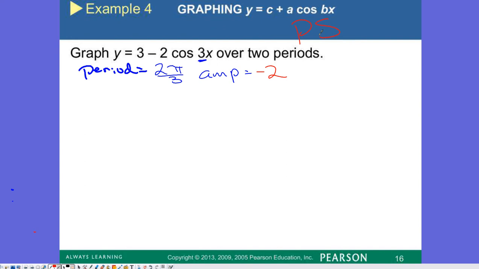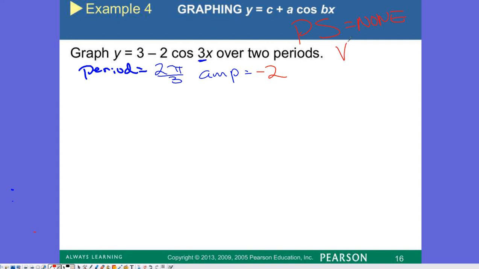No, there is no phase shift. There is not something inside where it's actually going to be moving it left and right. Because I always get the parentheses and I have some other number in there, right? That's going to be my phase shift. Inside the parentheses is my phase shift. That is my argument. So I have no phase shift. So this is none.